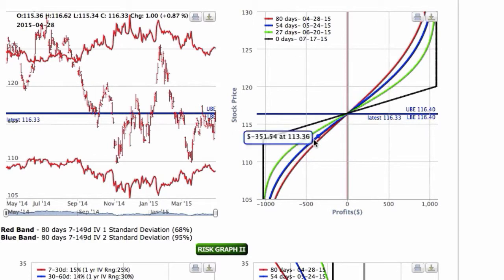And if a month has gone by and GLD is trading at around that $112 level, we can see we're going to be losing a bit over $500, so a bit over 50% of our initial entry cost. Okay, that's for those who are conservative and are willing to give GLD that amount of room to move down.